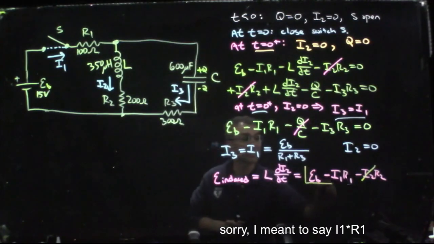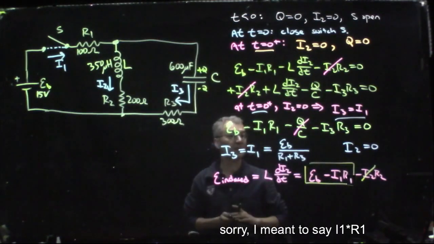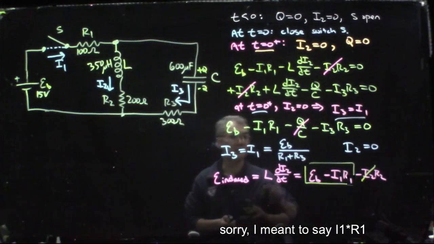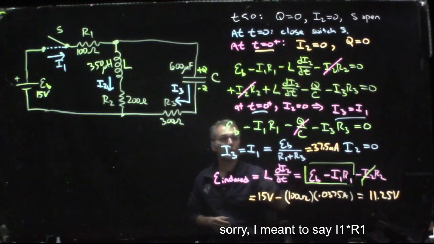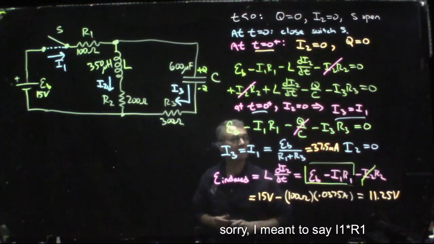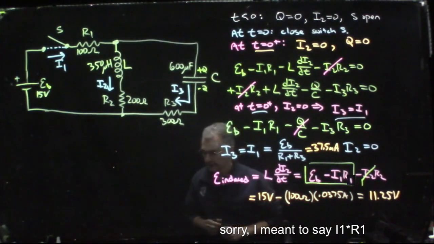So this is my answer. It's the battery EMF minus I1 R1, which we just solved for here. So we worked out over here that I3 and I1 were both 37.5 milliamps, and I2 was 0, so then the induced EMF works out to be 11.25 volts.